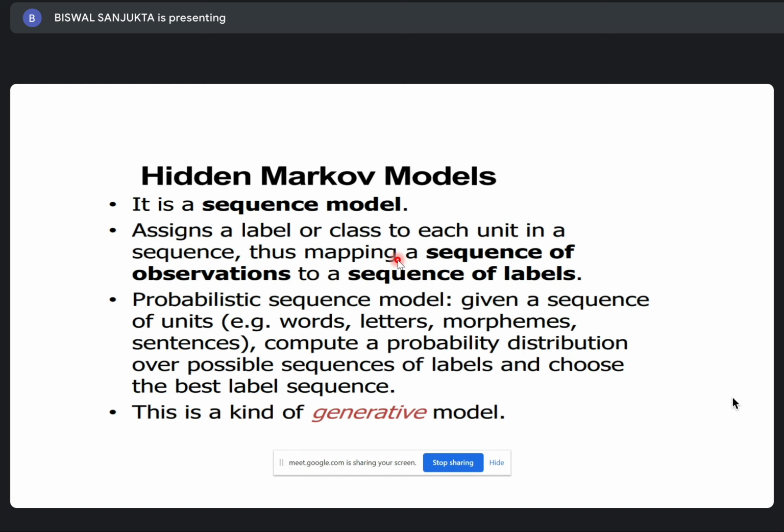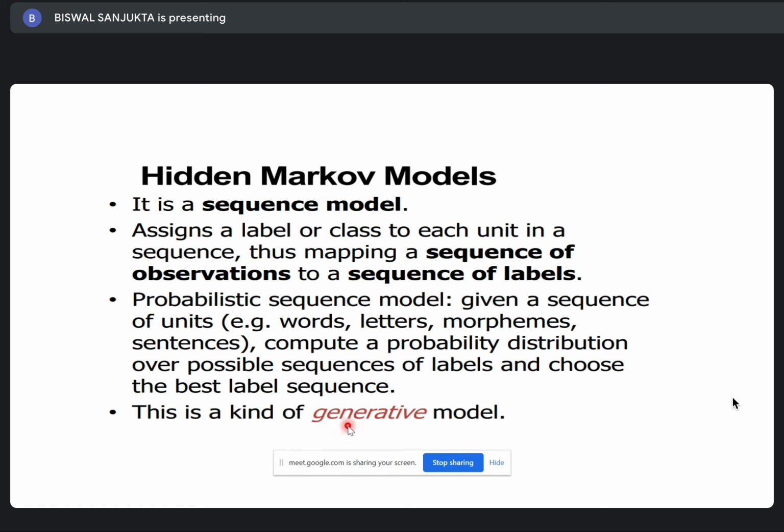Okay, so the hidden Markov model. Before I go through all the things written here, let me tell you that the hidden Markov model is based on Bayes' rule, and it is one kind of generative model.